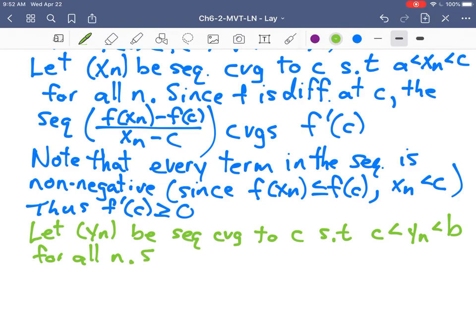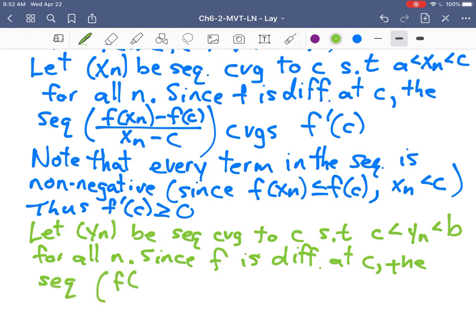So again, since f is differentiable at c, the sequence f of y sub n minus f of c over y sub n minus c converges to f prime of c.